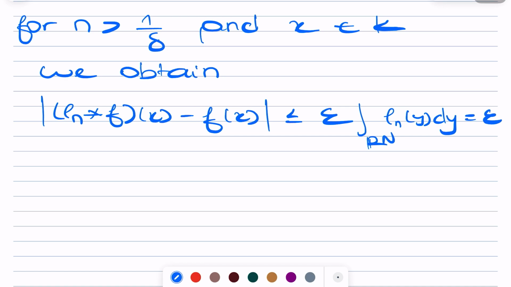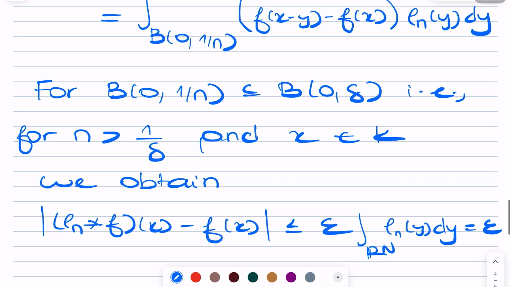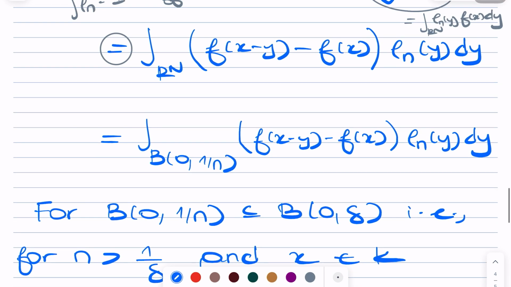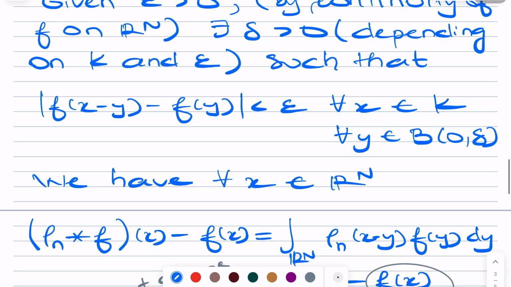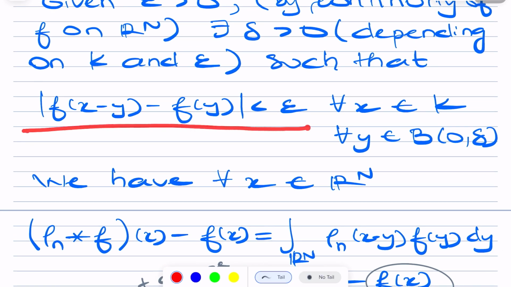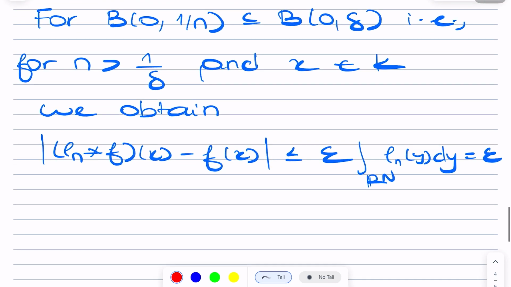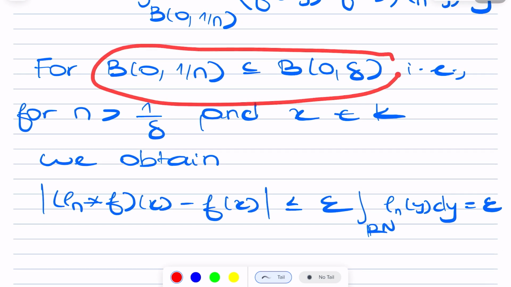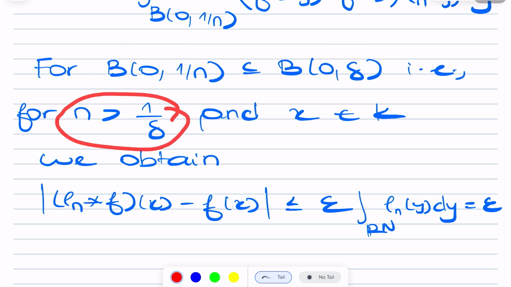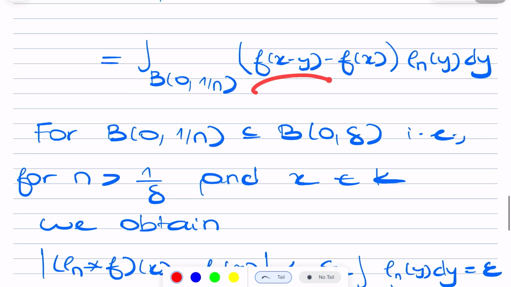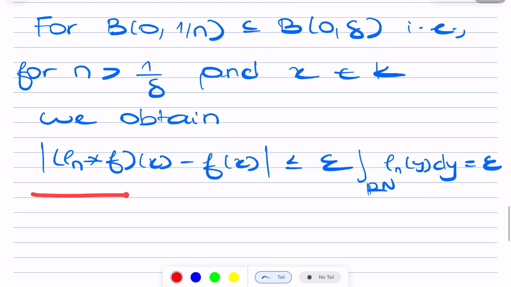But how is that? Remember that we proved that by continuity of the function f, this was less than epsilon, provided that y is in the ball centered around 0 with radius delta, and for every x in k. So if this condition holds, I can bound this term by epsilon.